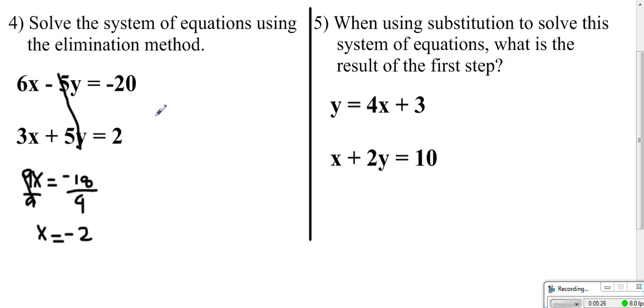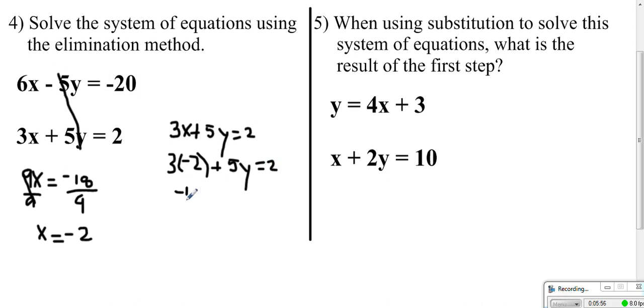Now, you have to substitute this x in, and I'm going to pick the second equation. It doesn't matter which one you pick. Pick the second equation because it doesn't have a negative 20. It has actually no negatives in it at all. So I'm going to substitute that negative 2 in for the x and add the 5y, bring down the 5y, and bring down the equals 2.